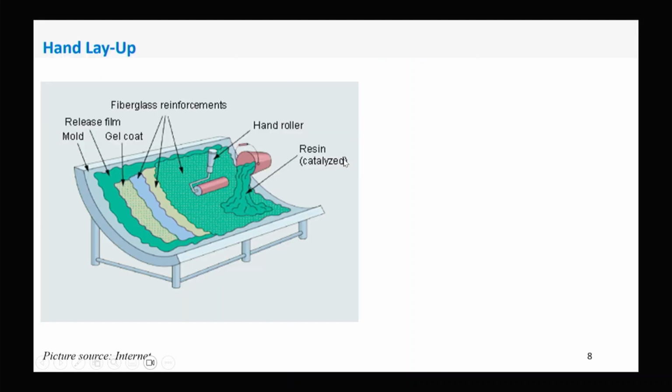If we see the hand layup method, here the mold is there. We can have a certain shape of mold, but here we cannot have intricate shapes. Simple shape molds are there. Then one release film is placed on the mold.